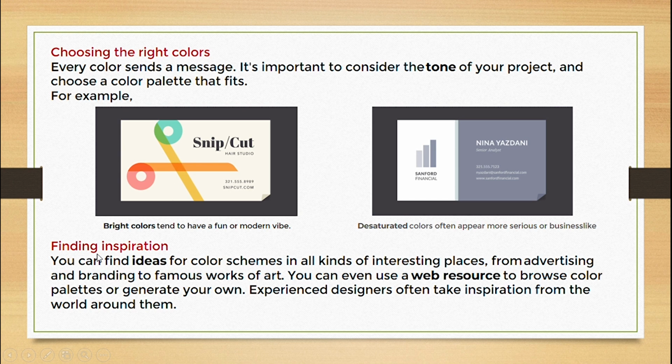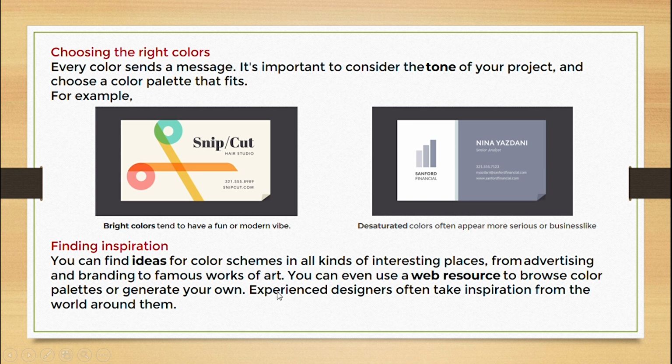So finding inspiration. You can find ideas for color scheme in all kinds of interesting places, from advertising to branding. You can even use a web resource to browse color palettes or generate your own.